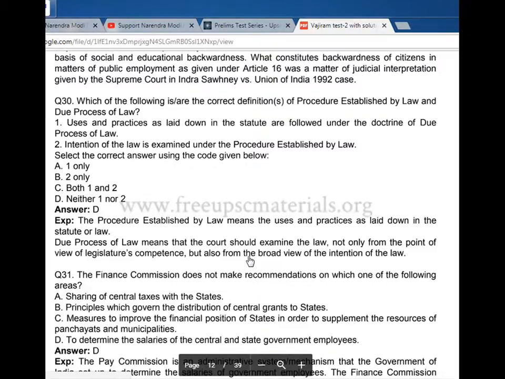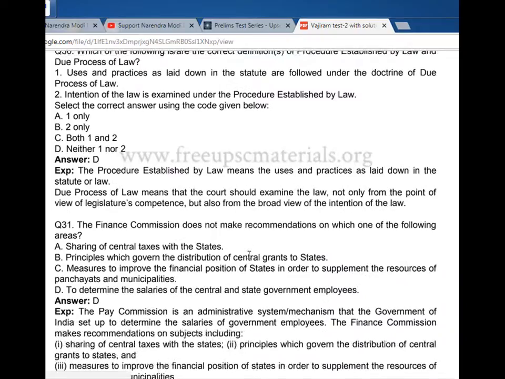Which of the following are correct definitions of the procedure established by law and due process of law? So both are not correct. Uses and practices as laid down in the statute are followed under the doctrine of due process of law. Intention of the law is examined under the procedure established by law. So both are not correct.